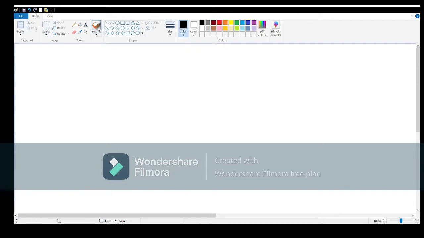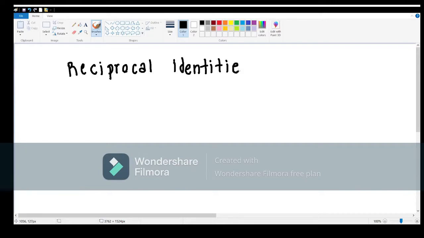So as you can see, after understanding the basics of sine, cos, tan, I'm going to talk about the reciprocal identities. So what does a reciprocal identity have?